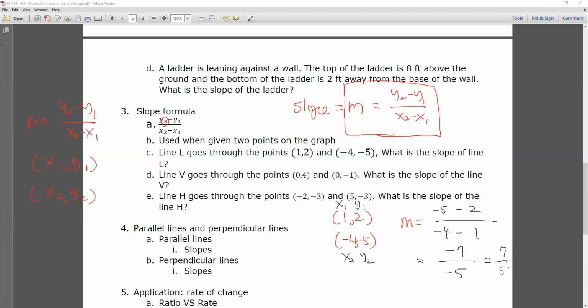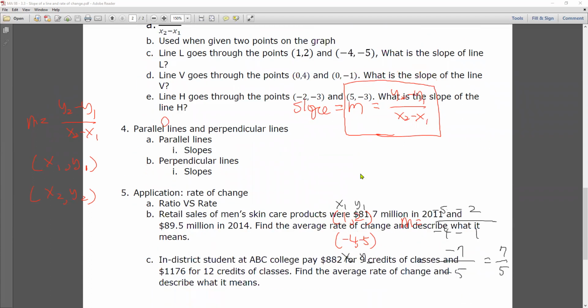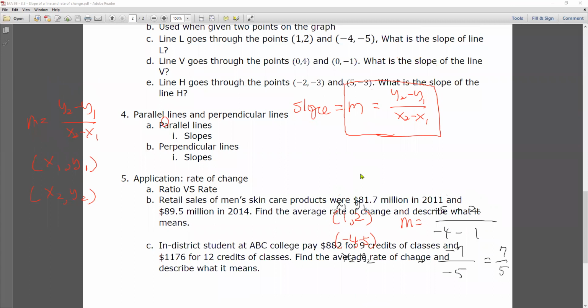All right, let's go ahead and move on to the next problem, part D. So again, part D, we have the line that goes through the points 0, 4, and 0, -1. And what's the slope? So I'm just going to plug in the values. So M equals y2 minus y1 over x2 minus x1.